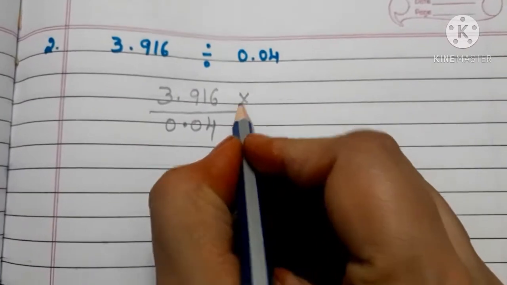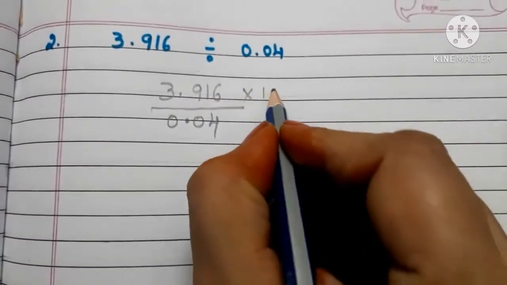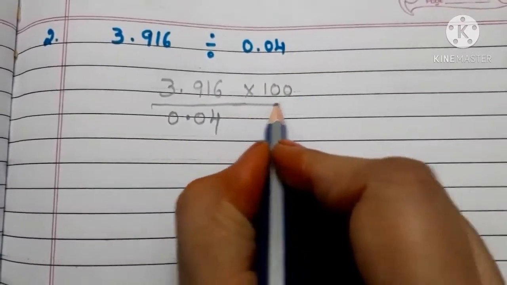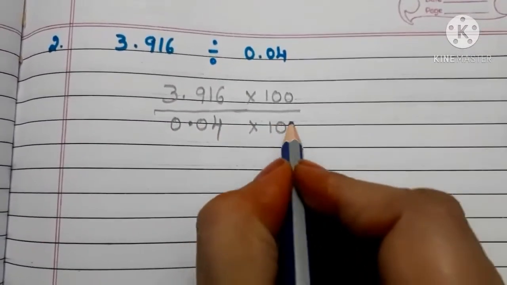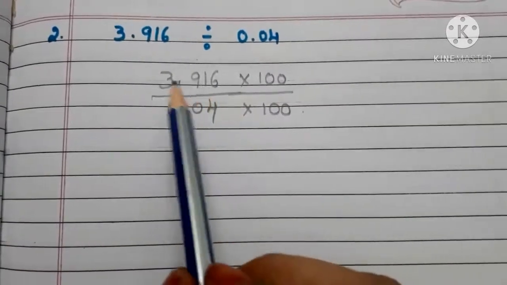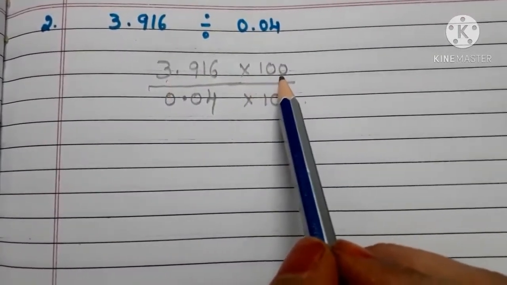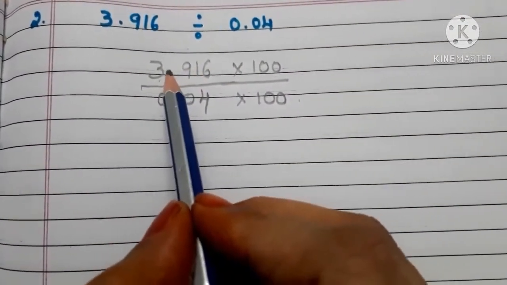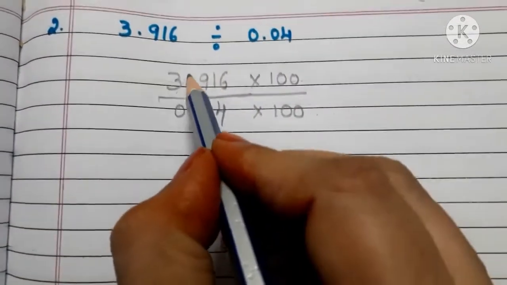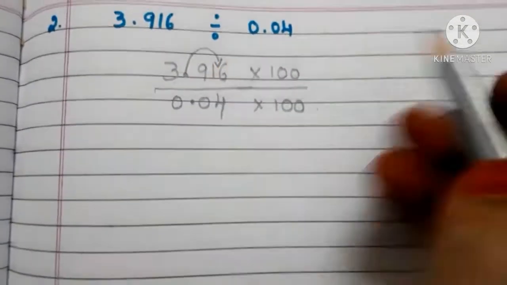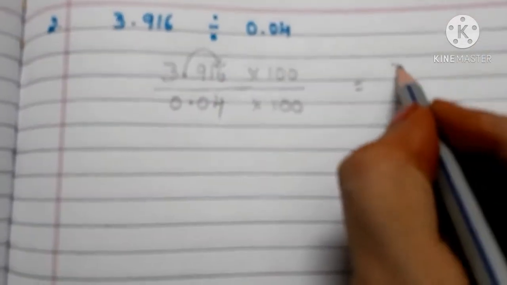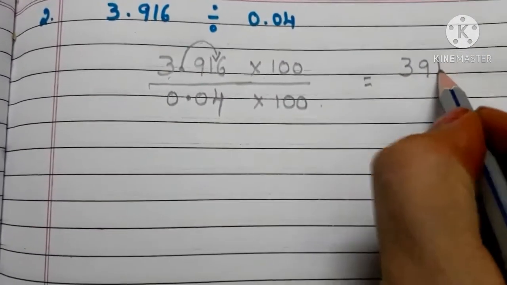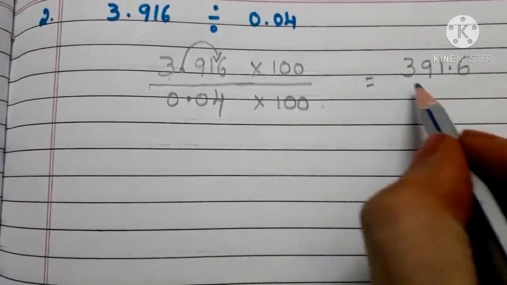So multiply 3.916 into 100 by 0.04 into 100. When a decimal number is multiplied by 100, the decimal point moves 2 places to the right. So 3.916 becomes 391.6.